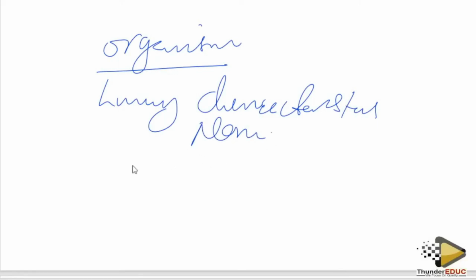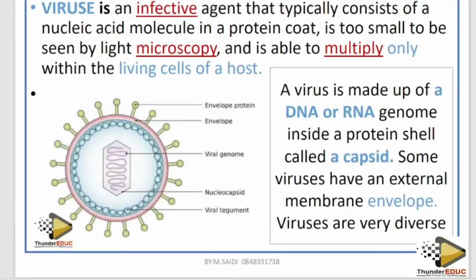If it has living characteristics, for example the DNA, yes, it has DNA, because DNA is a part of a living character. Sometimes you call it the genome, it's the same thing. Don't forget that it has either DNA or RNA, but not both.